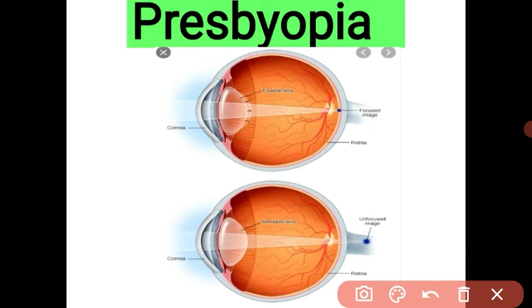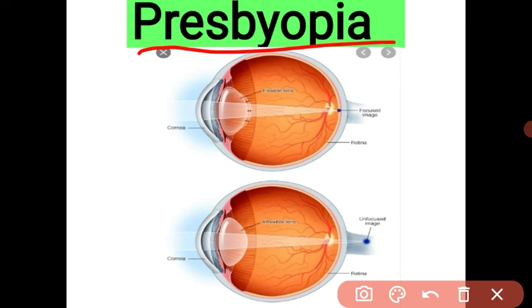The lens has flexibility. But in old age people, the muscles lose their flexibility, and the lens also loses its flexibility. So the person is not able to see the near object clearly. It is the same as far sightedness, and presbyopia is corrected by using the convex lens.